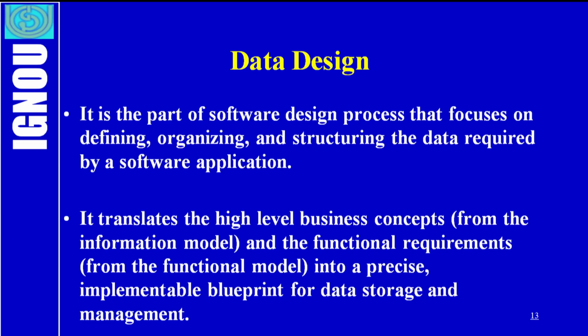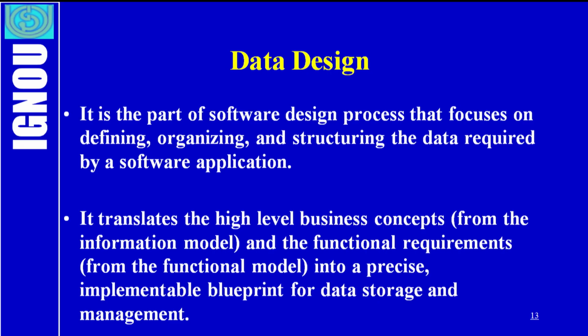Then comes data design. So now let us see what is meant by data design. It is the part of software design process that focuses on defining, organizing, and structuring the data required by a software application. It translates the high-level business concepts from the information model and the functional requirements from the functional model into a precise implementable blueprint for data storage and management.